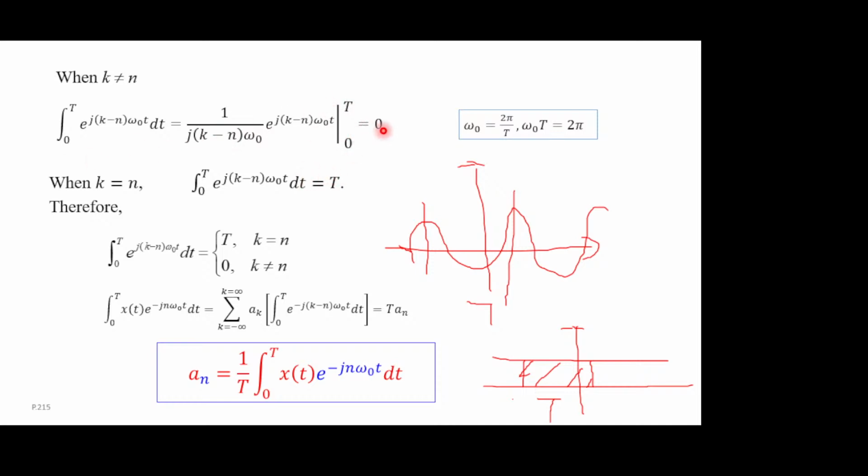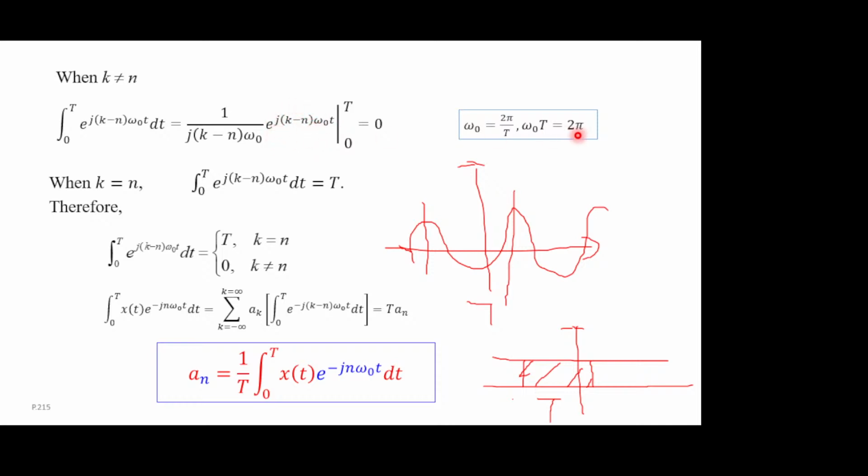Here we use the fact that T is the period, so big T times omega naught equals 2 pi. So you have e to the j 2 pi times k minus n, which is an integer because k is an integer and n is an integer.